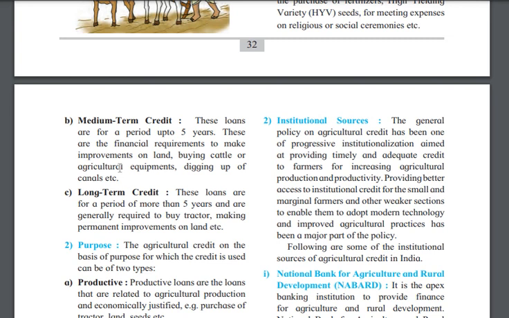Why do they take medium term loans? For their land, for buying a cow, cattle, agriculture equipment, digging canals. Then beyond 5 years, long term: buying a tractor, making permanent improvement of land, making a house or for a wedding.